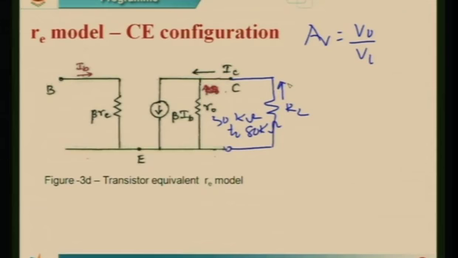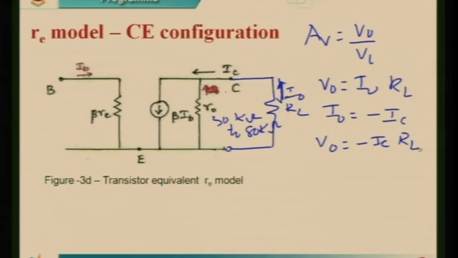Then V0 is equal to I0 into RL, where I0 is equal to minus IC, so V0 is equal to minus IC times RL, where IC is approximately equal to beta times IB. From the earlier equation we know that IB is equal to Vi by ZB.